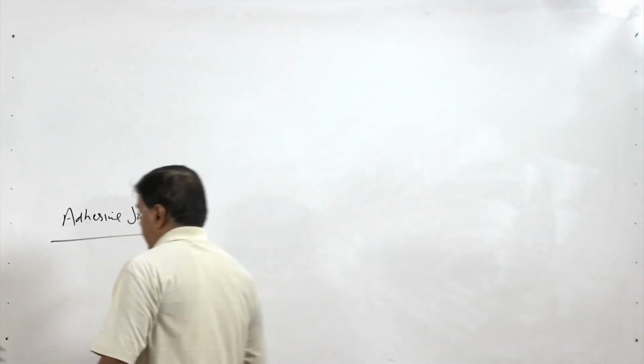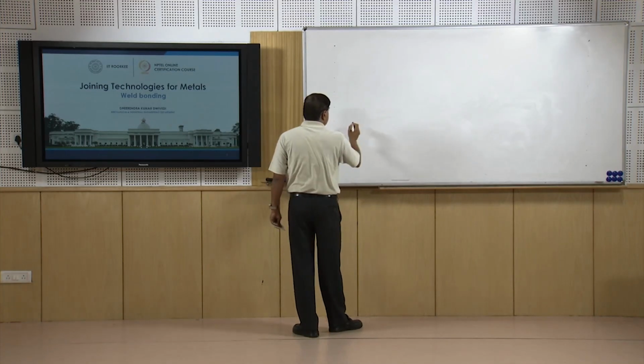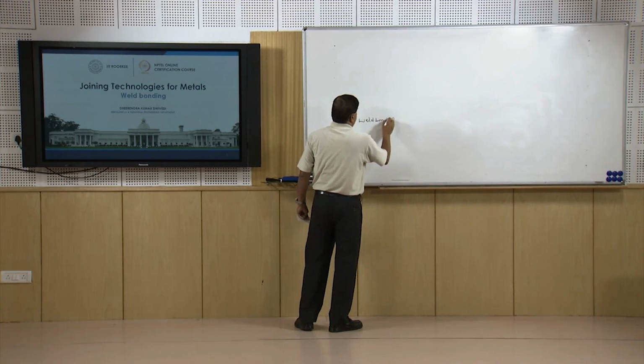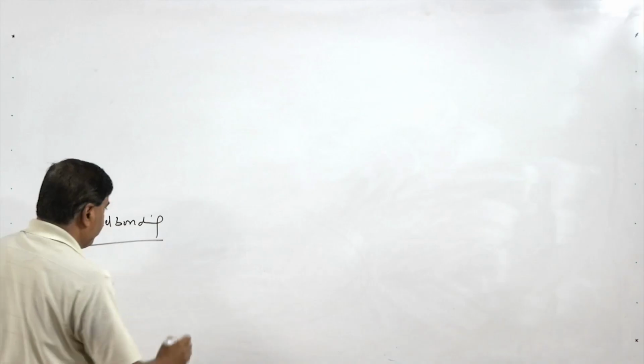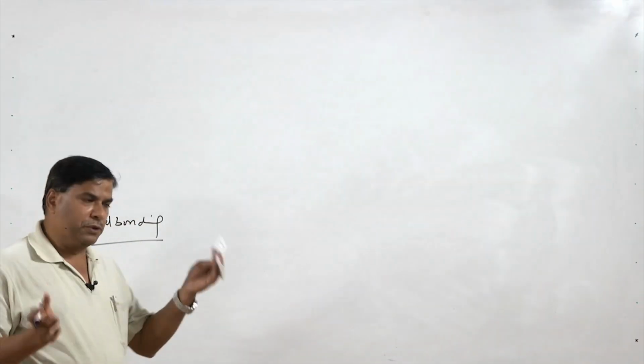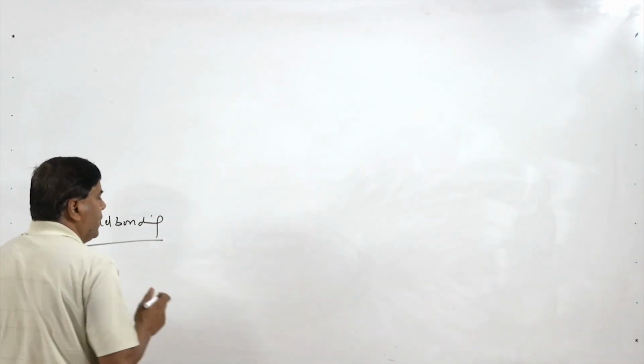So, here what we will see in case of weld bonding, since weld bonding is a combination of the two processes, it overcomes the deficiencies of both processes and provides much better strength to the joint.